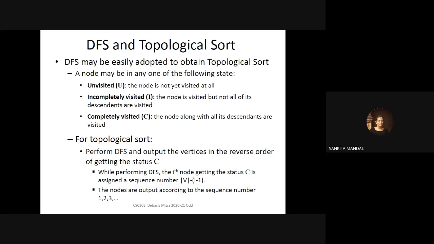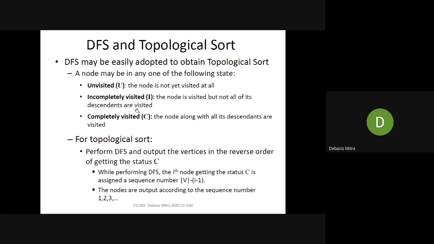Yes, sir. So while performing DFS, the ith node getting the status C is assigned a sequence number. You can easily keep track of that dynamically by assigning a number. The number will range from 1 to the number of vertices, and automatically you will be able to get the topological order.